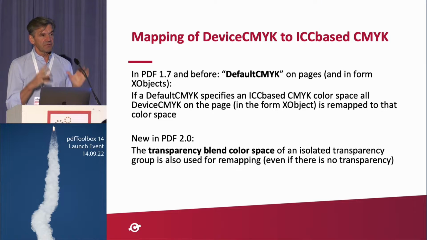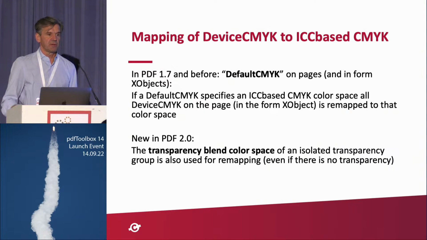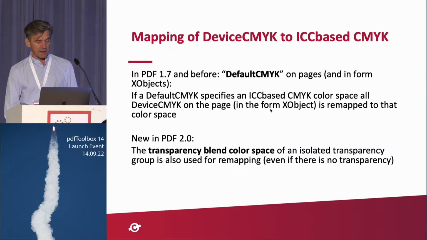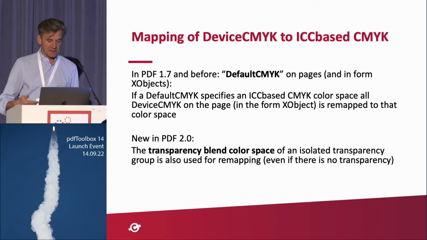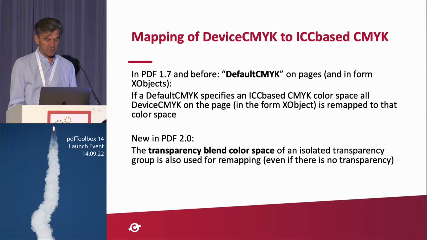That means if you would just change the header in the PDF file to PDF 2.0, potentially the CMYK objects that existed in the original file are all of a sudden ICC-based thereafter, because in the PDF 2.0 file, this remapping mechanism gets established. It's really a detail, but it may be important for you to know whether this will happen if you convert the file to PDF 2.0.